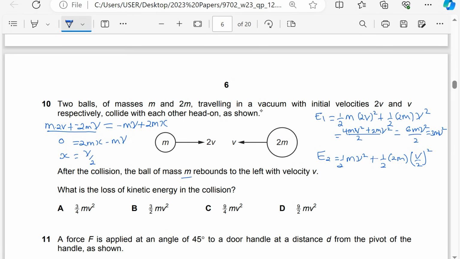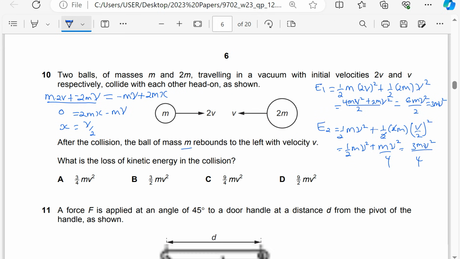So this is going to give us a half mv squared plus, this 2 cancels with that, v squared over 4, so it gives us mv squared divided by 4. Then when you simplify, LCM is 4. 4 gives us 2 and 1, that is 3mv squared over 4.